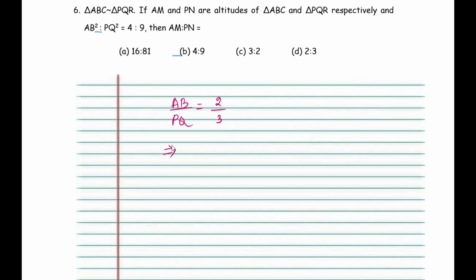Therefore, the ratio of sides of similar triangles is equal to the ratio of their altitudes, which will be equal to AM by PN. Therefore, the correct answer is 2:3, option D. Since if two triangles are similar, then the corresponding sides will be in the same proportion and also their altitudes.